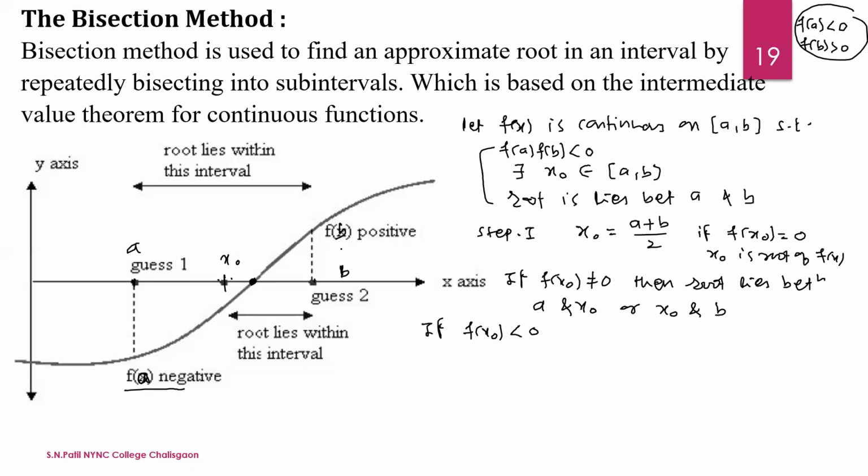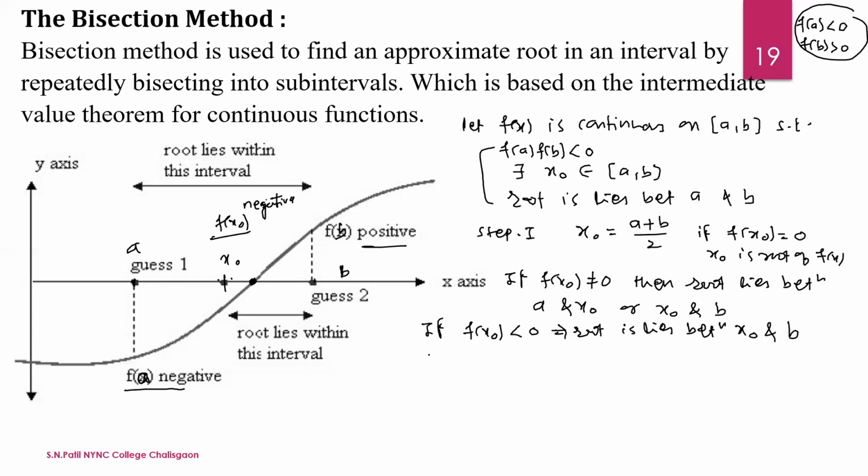Then from this diagram, what is the conclusion? This is the negative sign, this is the positive sign, so the root lies between x naught and B. This is one possibility.